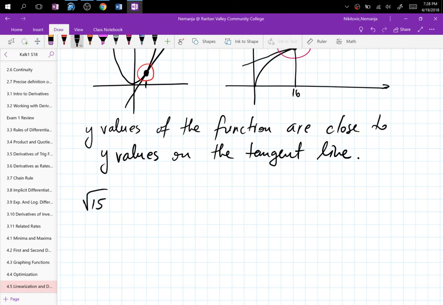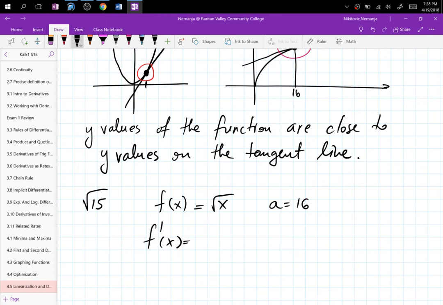So if I want to compute square root of 15, I extract from that information that my function is square root of x, and I want to deal with the tangent line at value 16 because it's easy to take the square root of 16. So now I find the tangent line at 16. For the slope m, hold on, we need to find the derivative first.